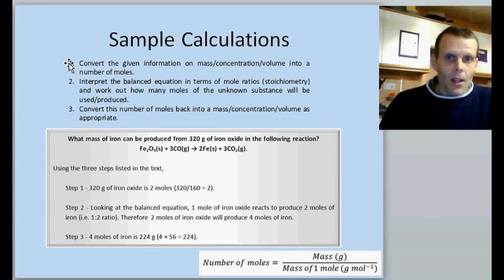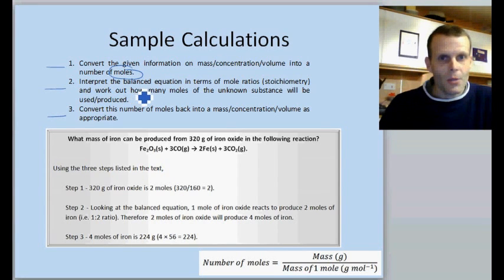Now, this slide is one of the most important ones in the unit. We've got 3 steps highlighted here, and these 3 steps are going to be important time and time again. All the calculations in this topic 1.3 will involve this, followed by this, followed by this. Take the information you've got and go into moles.